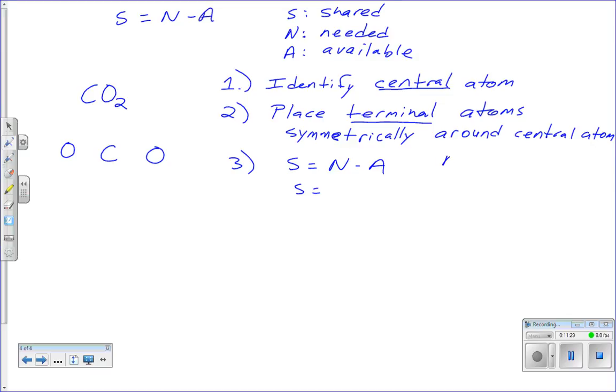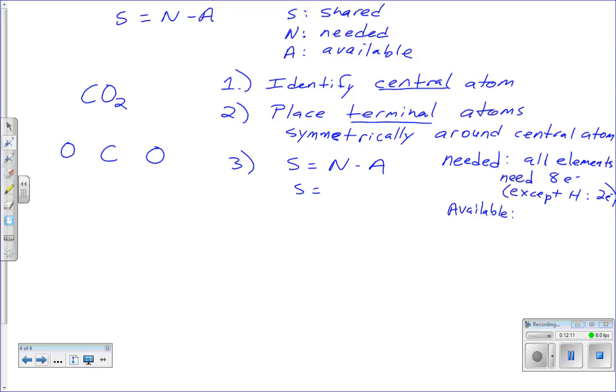For the needed, again, all elements need 8 electrons, except hydrogen, which only needs 2 electrons. For the available, all you've got to do is look at the group numbers, the valence electrons, and add them up.